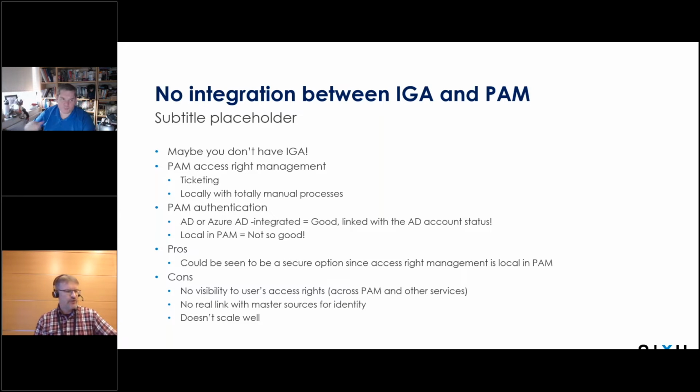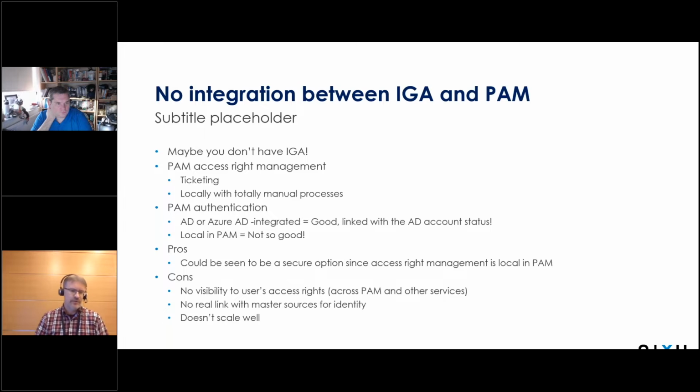Well, this may be your starting point. Depending on the size of your organization and the maturity of IGA, it might be that you don't even have an IGA solution. Then you will have to handle the access right management to PAM in a different way.